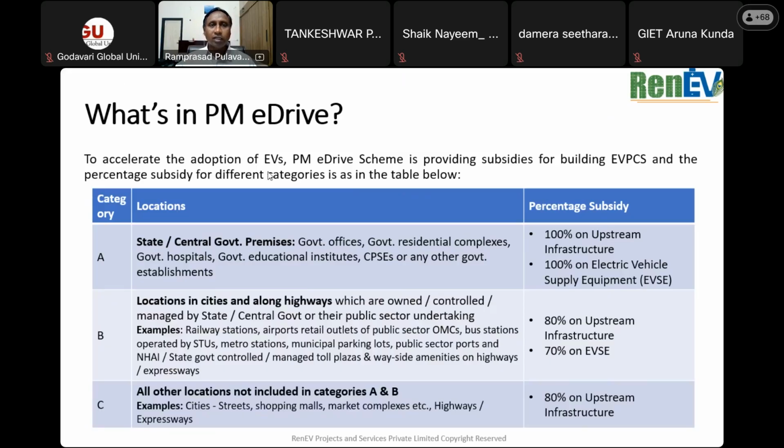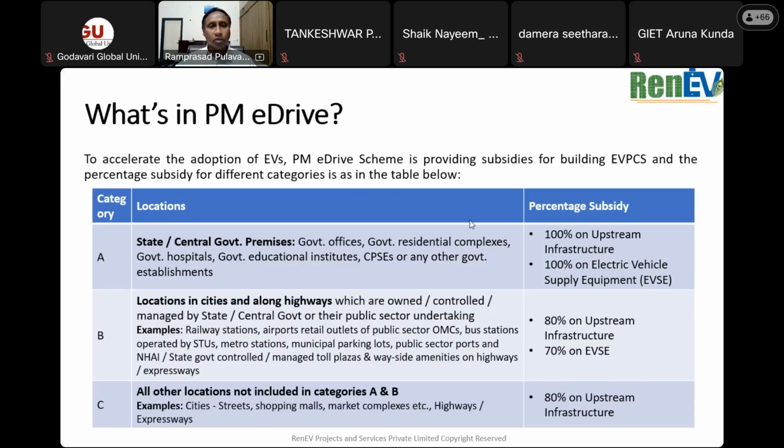To accelerate the adoption, the PM E-Drive scheme is providing subsidies for building EVPCS. EVPCS stands here for Electric Vehicle Public Charging Station, and the percentage of subsidy for the different categories is as in the table below.